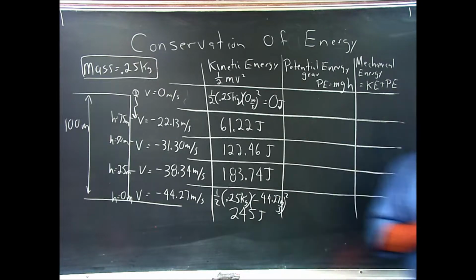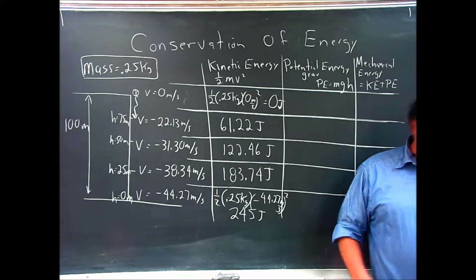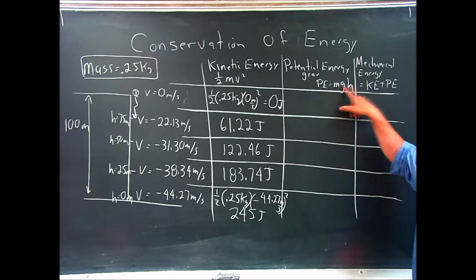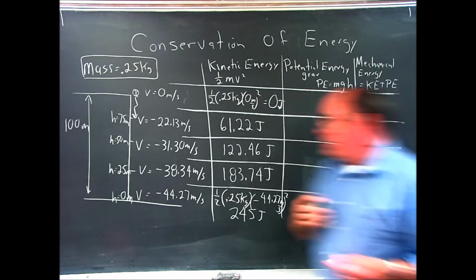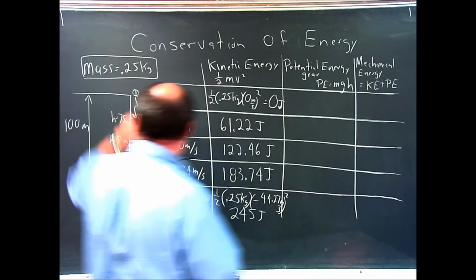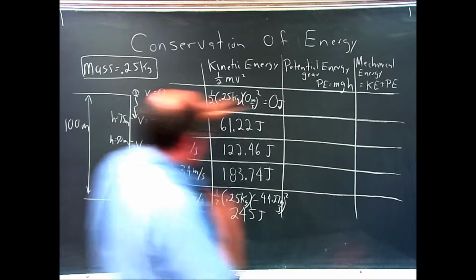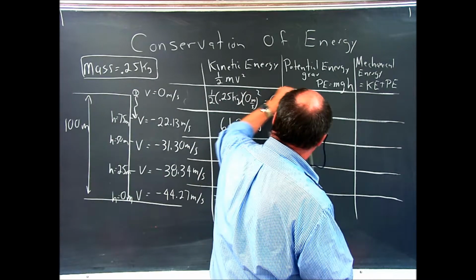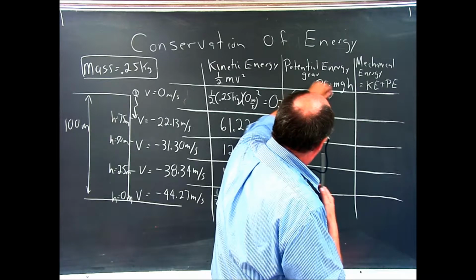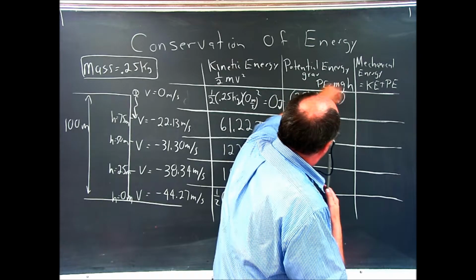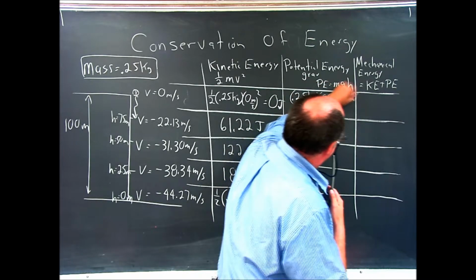So now we go on to the potential energy. The potential energy says mass times gravity times height. Again, you have to just calculate this particular piece. The mass of this thing is 0.25 kilograms, gravity is 9.8, and the height is 100 meters.